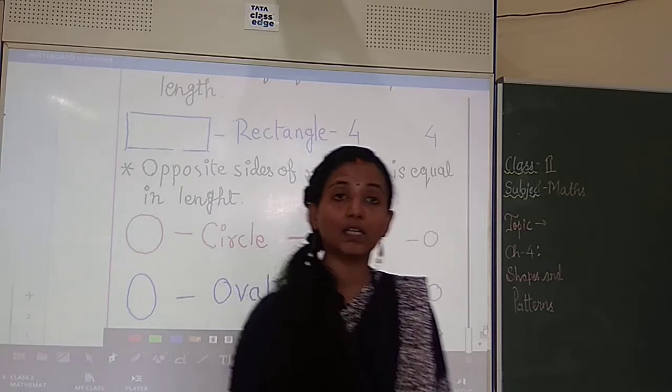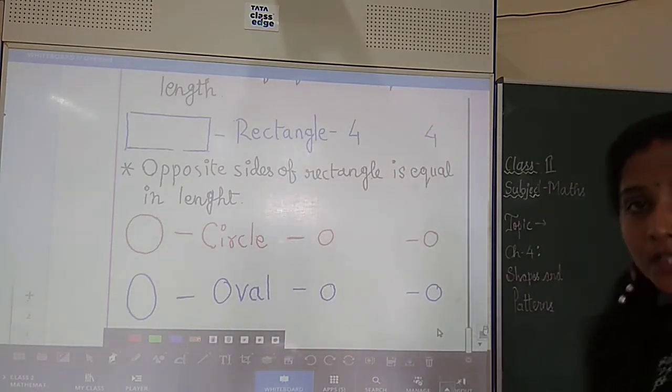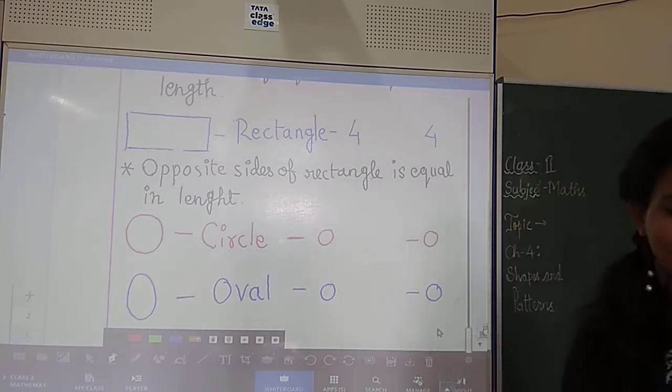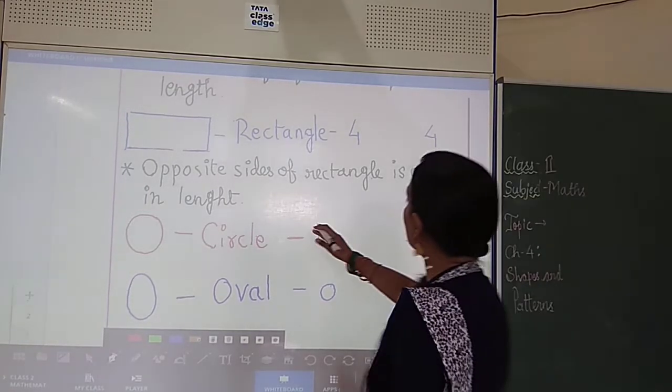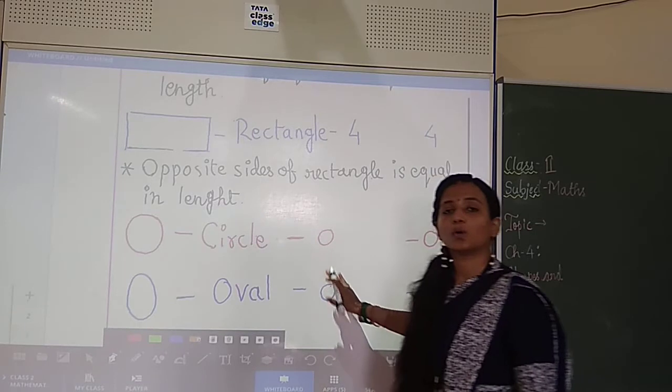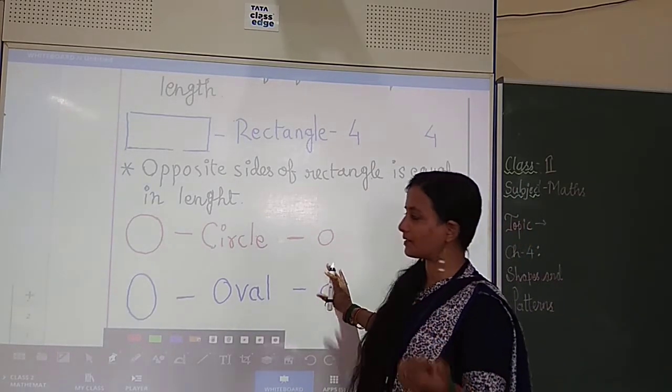So circle and oval is what? Round shapes. Yes, round shape, but oval is not perfectly round. Oval has no sides, no corner. It's exactly not round. So circle is exactly rounded shape and oval is not exactly, but somehow it is round shape.